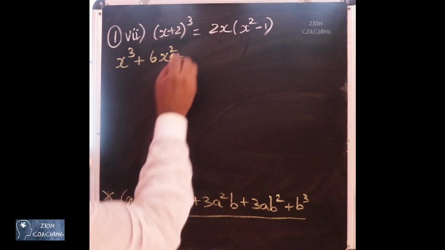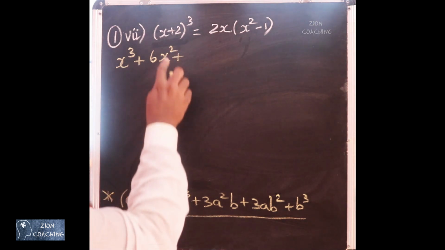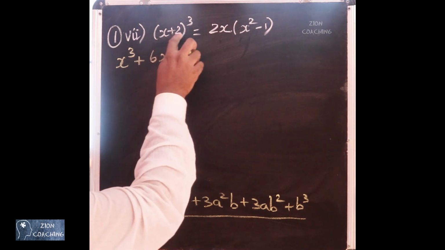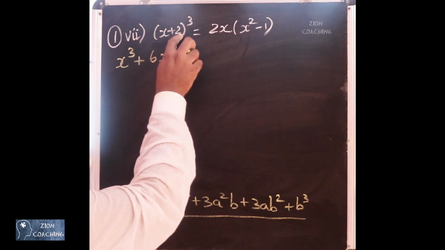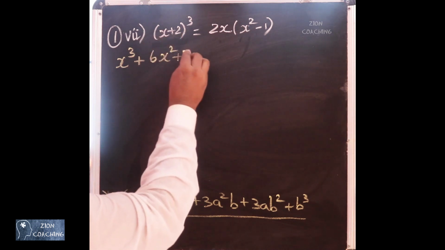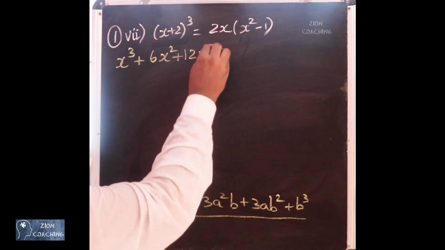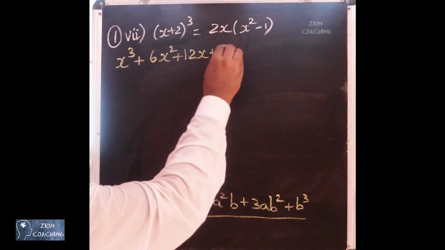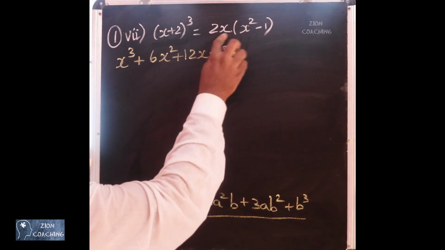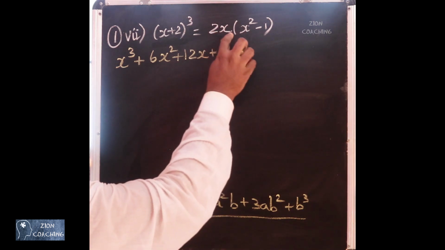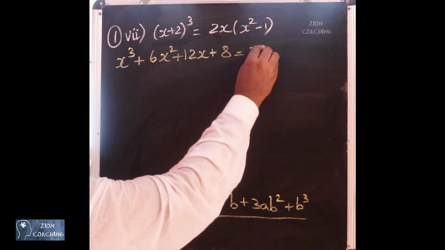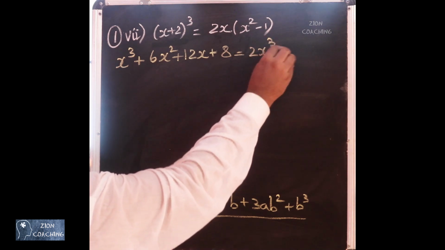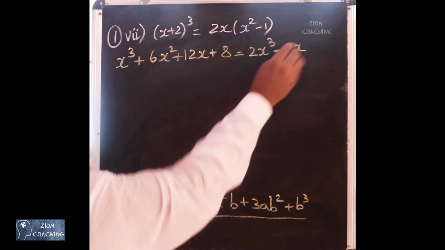Then the next term will be 3 into x into 2 squared. 2 squared is 4. 4 into 3 is 12. So we will have 12x plus b cube, that is 2 cube. 2 cube is 8 equal to, multiply inside by this 2x, you will have 2x into x squared is 2x cube minus 2x.